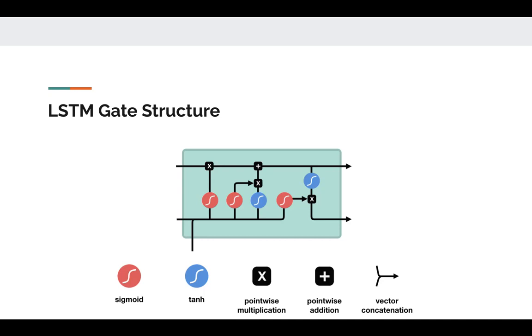So f of t regulates C of t, the cell state, saying what it should remember and what it should not, and it gives nothing but a weight. It just says 0.3 or 0.01, the probability of this thing being remembered or not. That's it.